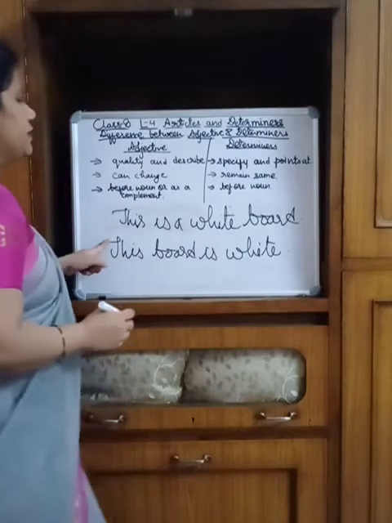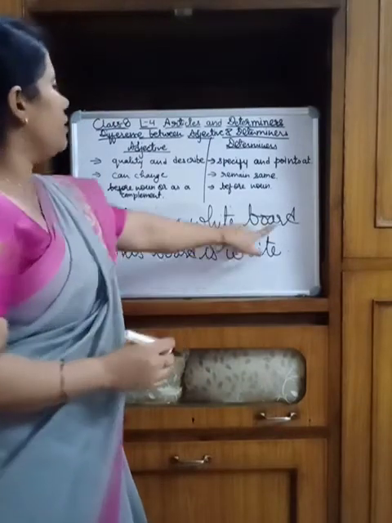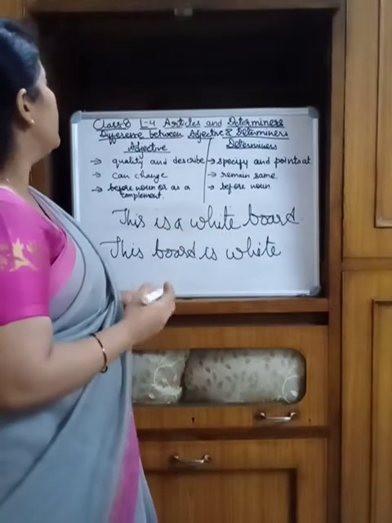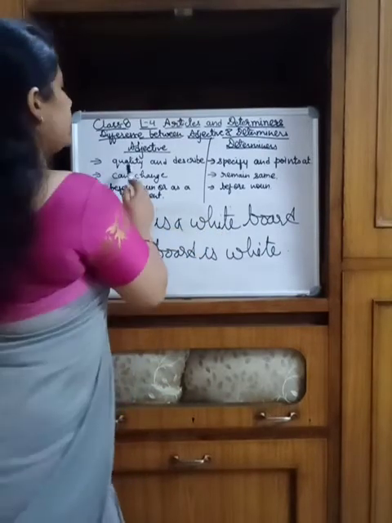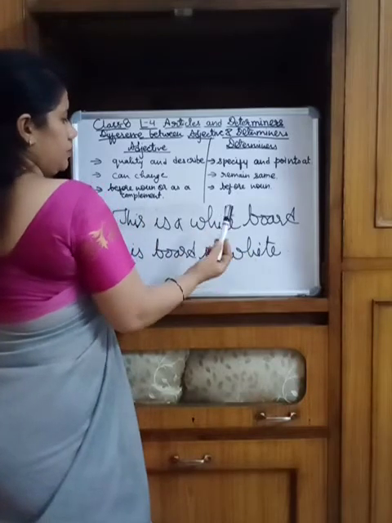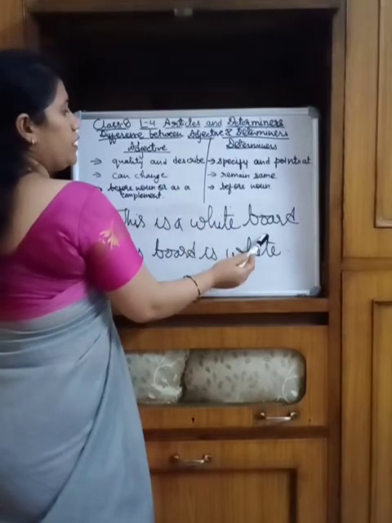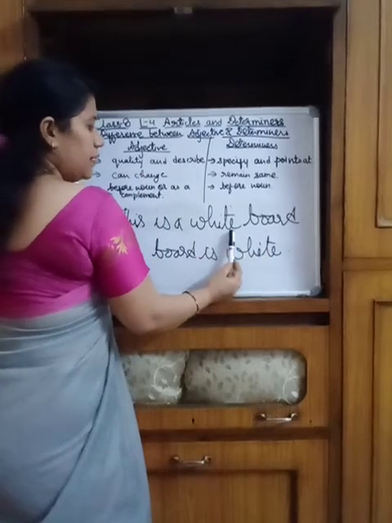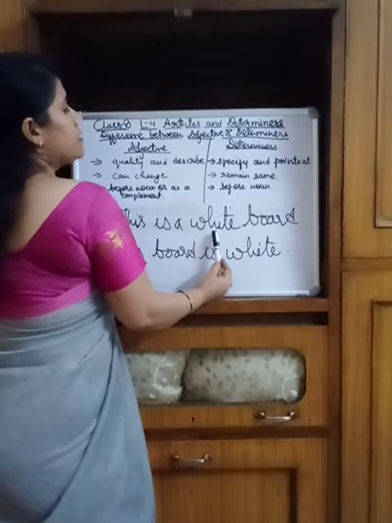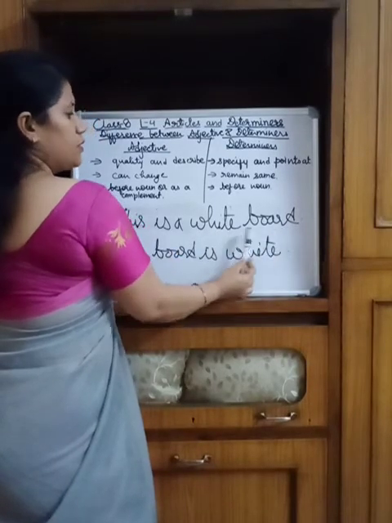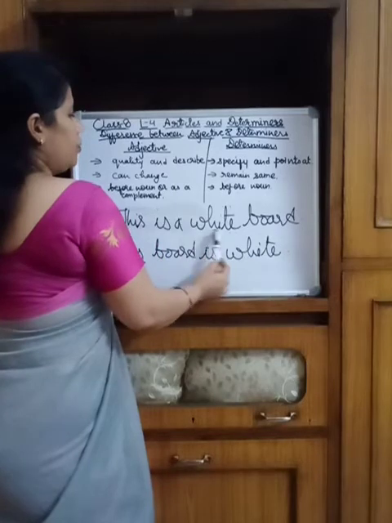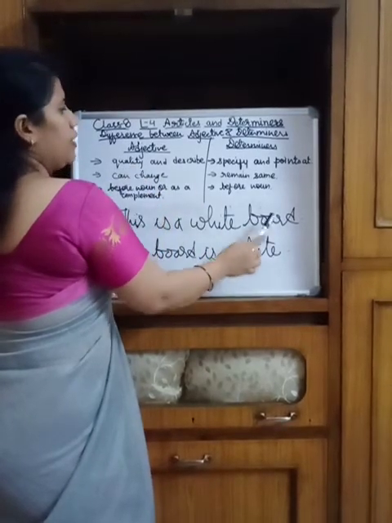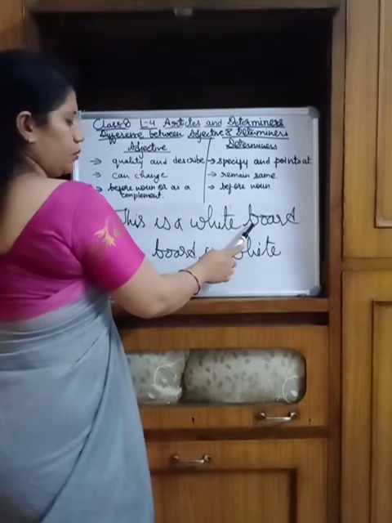In both sentences there is the noun board. Here in the first one, the word white tells the quality of the board, which is the noun. So the word white is the adjective because it describes the quality of the board.